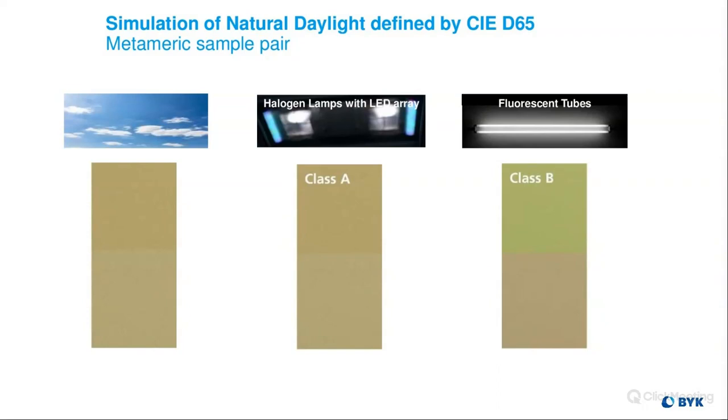You see under a Class A, they're almost exactly as natural daylight. But under Class B, because it uses those old fluorescent tubes, you can clearly see a difference between the top and the bottom. So that's what you're getting out of the instrument. So you're not only getting more accurate representation of daylight, but you can be assured that it's a Class A and it's always going to be able to achieve that.